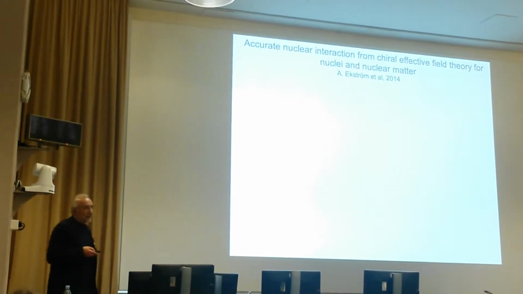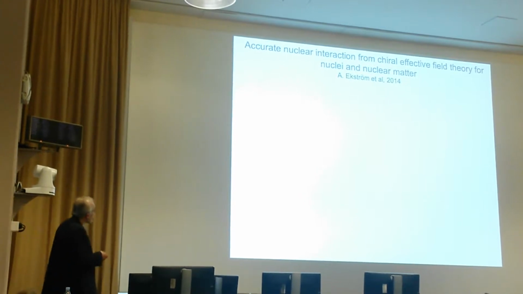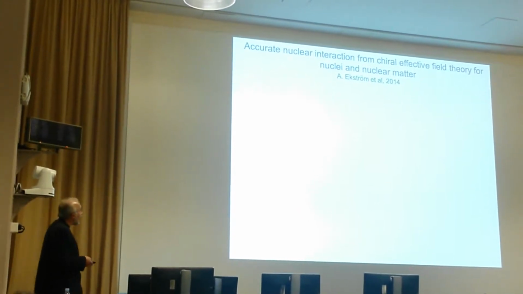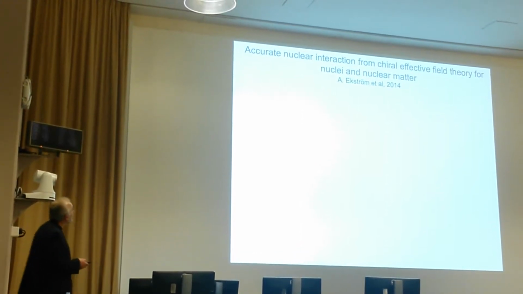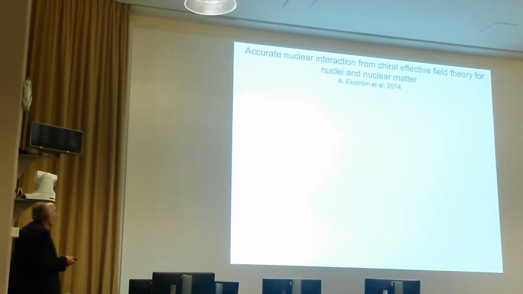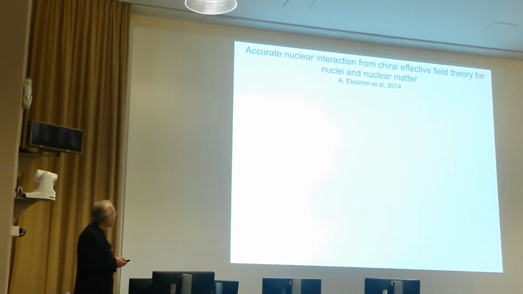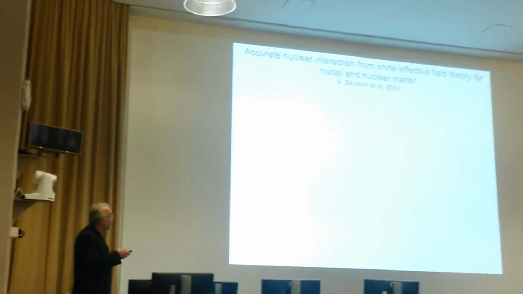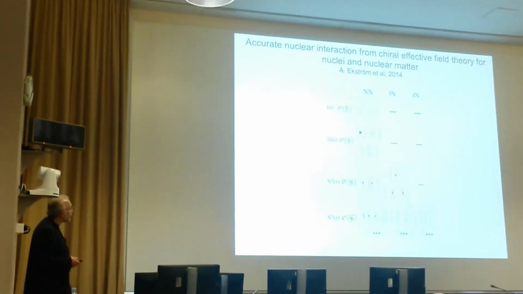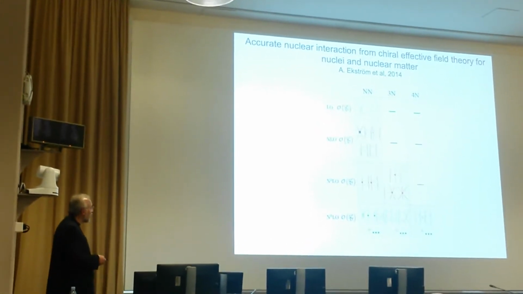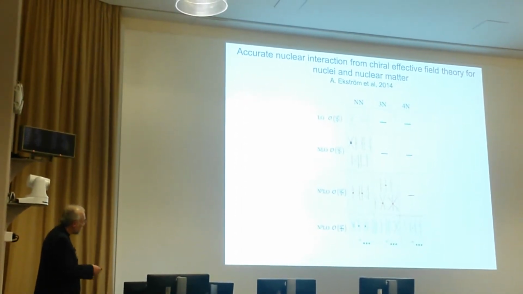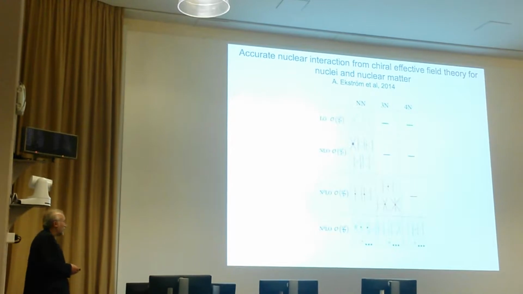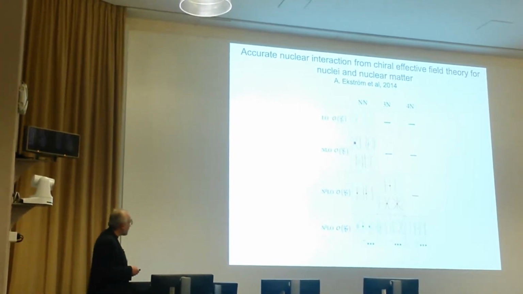Okay, so this is something which is not yet published, but I believe it will create quite a splash. This is the paper by Andreas Ekström et al., which has just been submitted to Physical Review Letters, on accurate nuclear interaction from chiral effective field theory for nuclear matter. So here the input is the chiral interaction, including 2 and 3 body terms. These are calculations at second order, NNLO, of chiral perturbation theory.